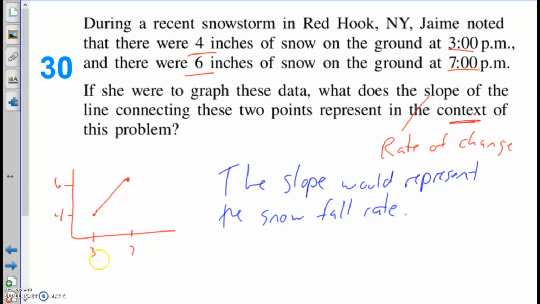In a span of 4 hours, it went up 2 inches. So I guess, if we were to actually do the slope here, it'd come out to be like half an inch per hour, I believe, because that'd be 2 over 4 is a half an inch per hour. I don't even think they're really asking for what is the rate. They just want to know what would it represent. It represents the snowfall rate.